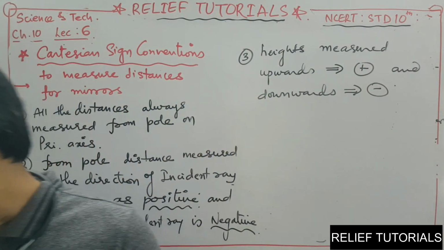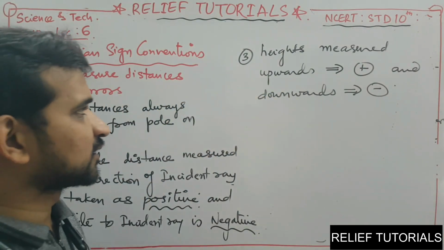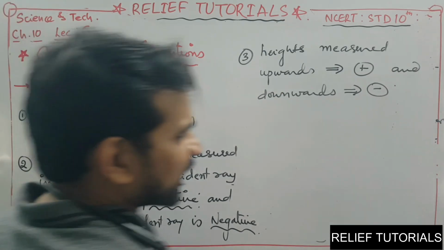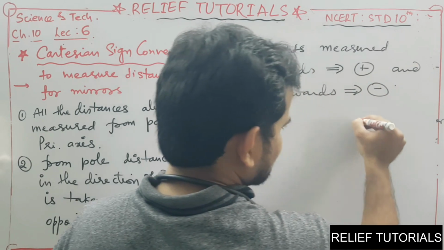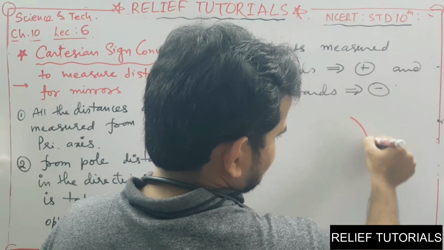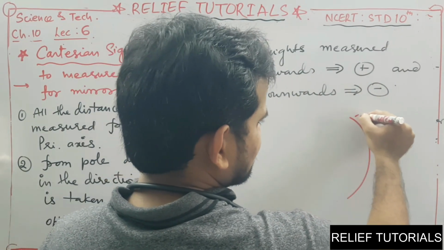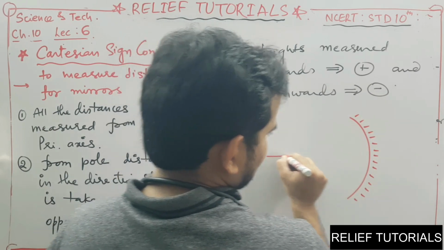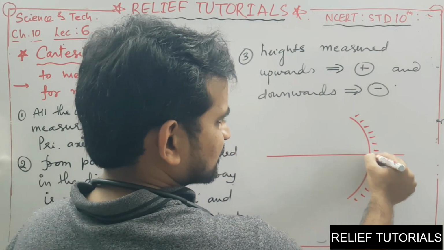So these are the 3 rules to measure the distances in the case of mirrors. We can draw the aggregate figure for that. Consider this is the reference mirror we are taking, principal axis.